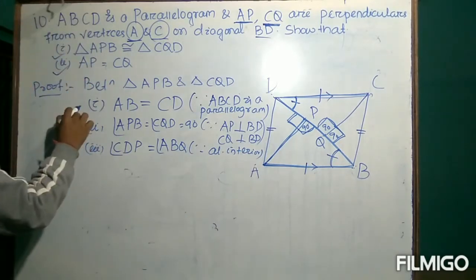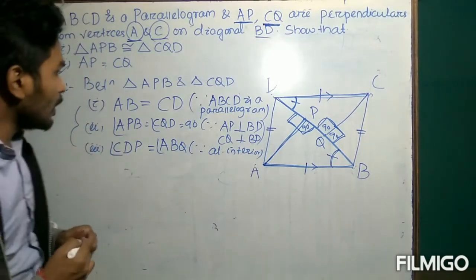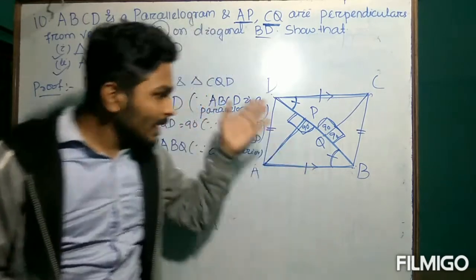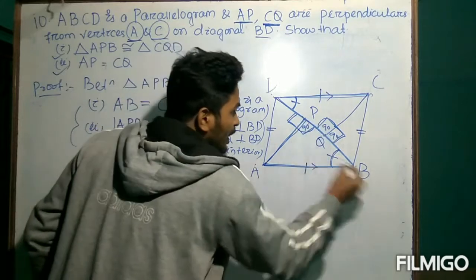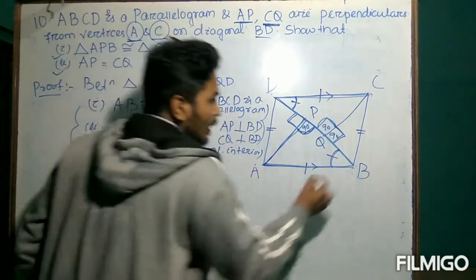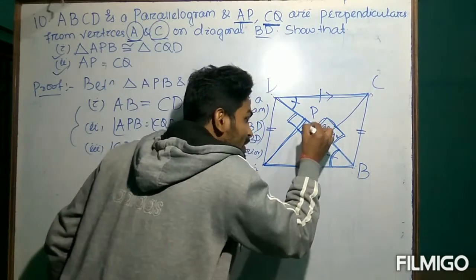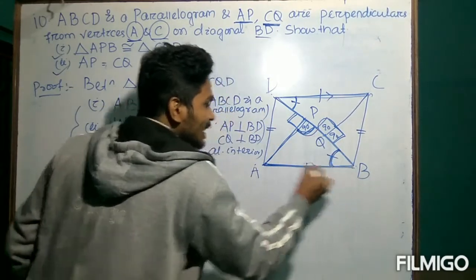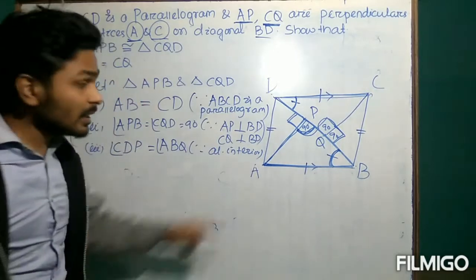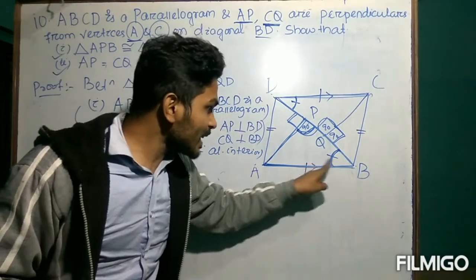So we have found three possible conditions here. Let us find which congruency it follows. For triangle APB, we have found this angle and this side, and this angle and this side. Clearly look at this: this angle, this side.